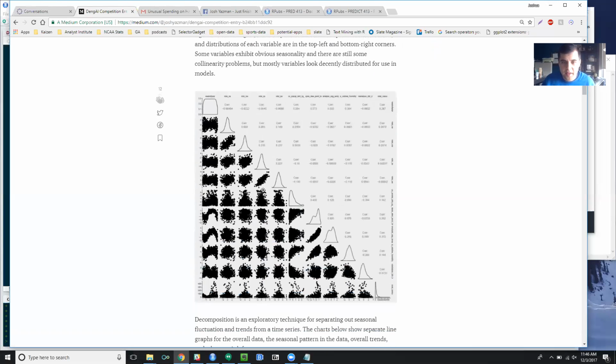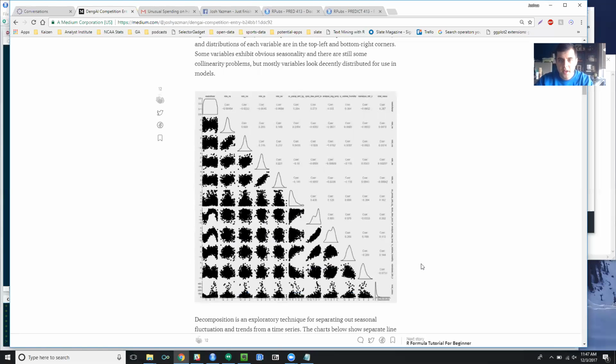I ran the GGally ggpairs plotting function on the non-flag data. I pared down the variables to make sure that we weren't double counting things.